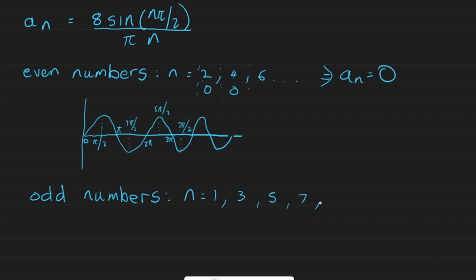So n will take on the value 1, 3, 5, 7, 9, 11, and so on. So let's just say n takes on the value 1. So we have sine of just pi over 2, and sine of pi over 2 is 1. So when n is equal to 1, this value an takes on the value 8 over pi n.